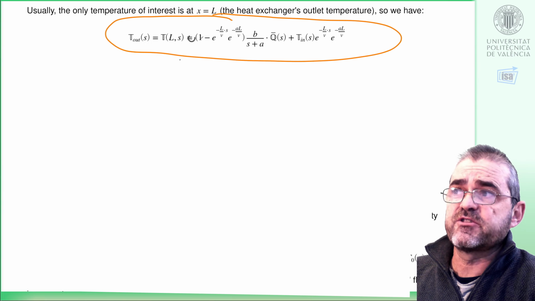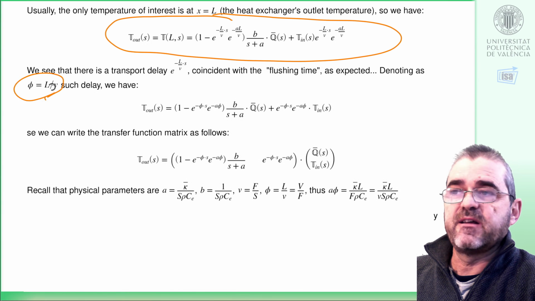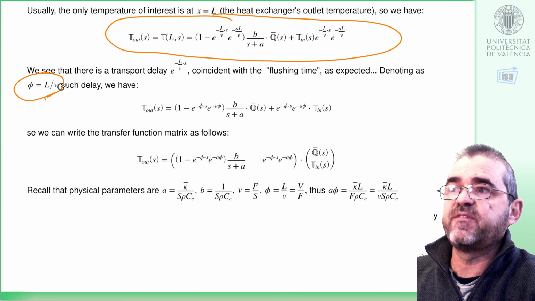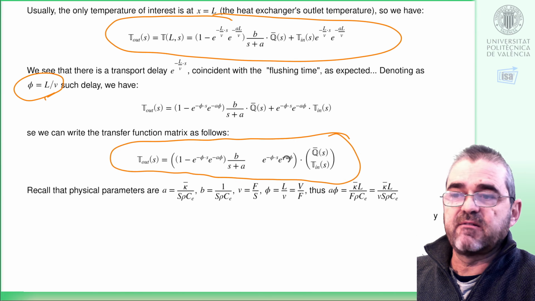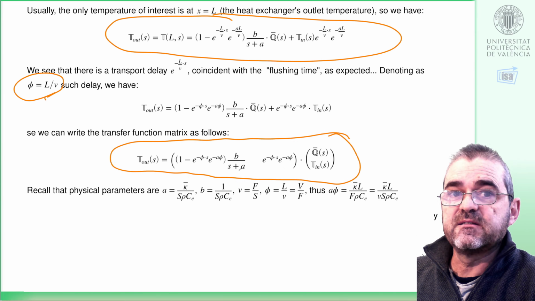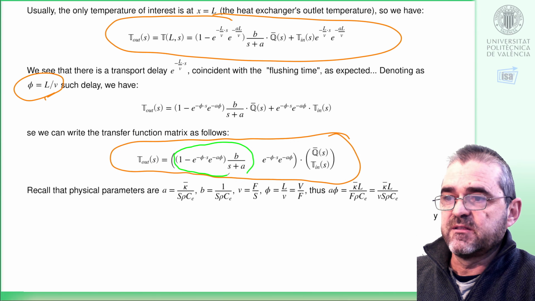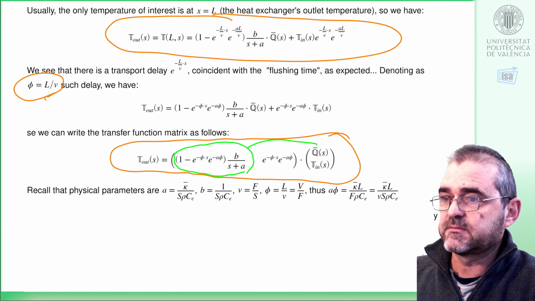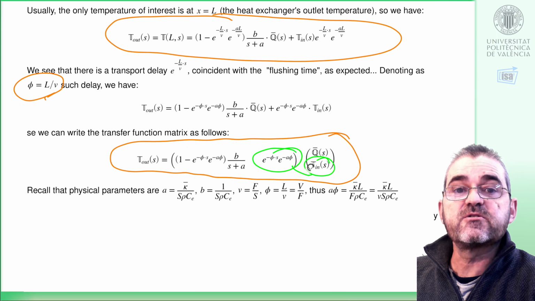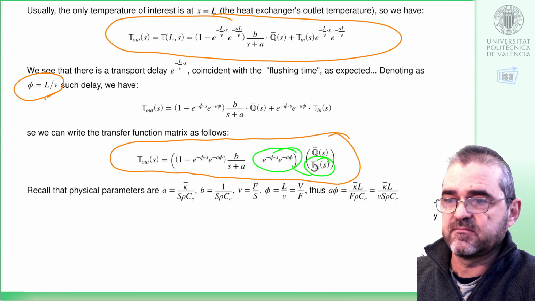And then this is a particularization for the output temperature that, okay, if L divided by the speed is called phi, and I carry out some operations, I can write this transfer function matrix for the outlet temperature, in which this is the transfer function associated to heating power, and this is the transfer function associated to inlet temperature.